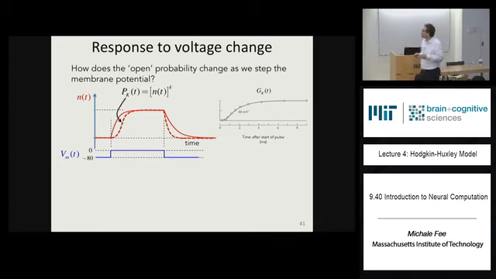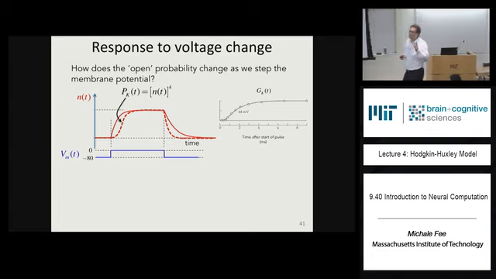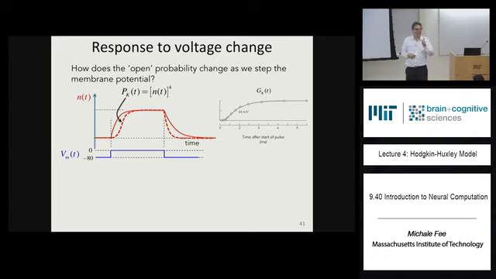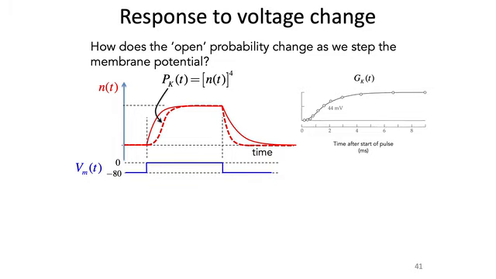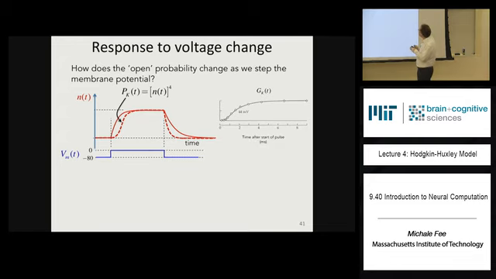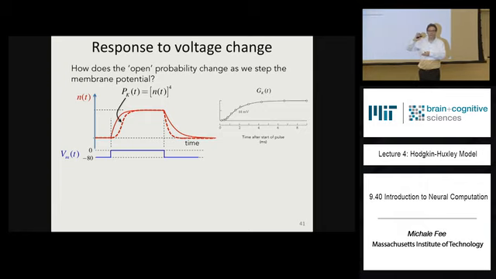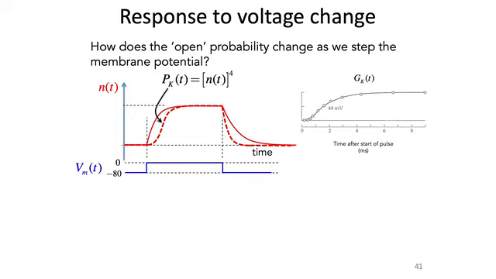In fact, that's how Hodgkin and Huxley figured out that it's n to the 4th, because they knew that if they assumed an exponentially relaxing gating variable, the only way they could fit the turn on of the conductance was by raising it to the 4th power. If they raised it to the 2nd power, it was still too sudden. If they raised it to the 3rd power, it was still not quite right. But if they raised it to the 5th power, oops, it's too delayed.